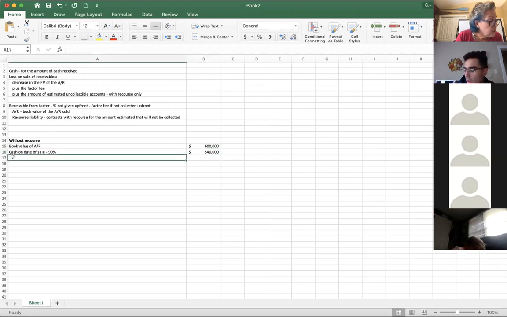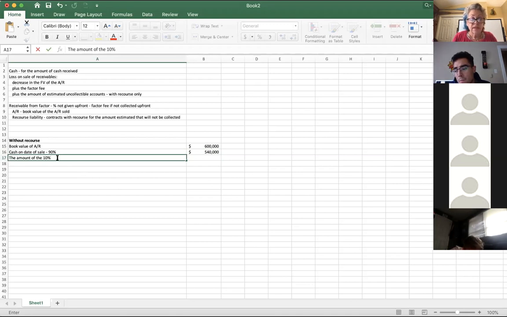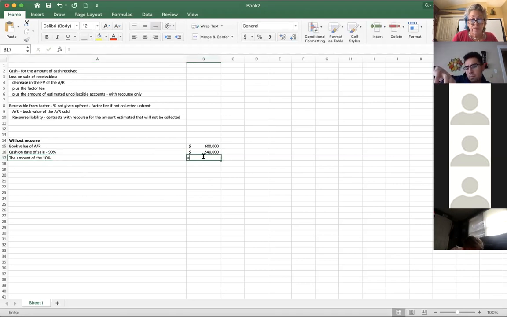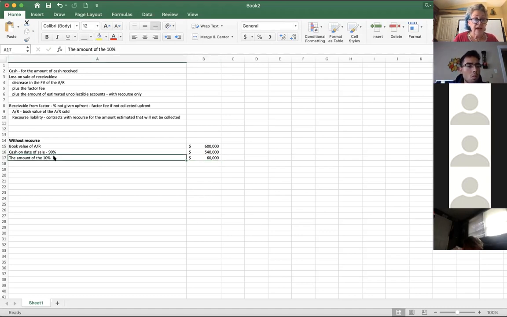The factor is going to retain the 10%. The amount of the 10% is $60,000, and this is at book value.